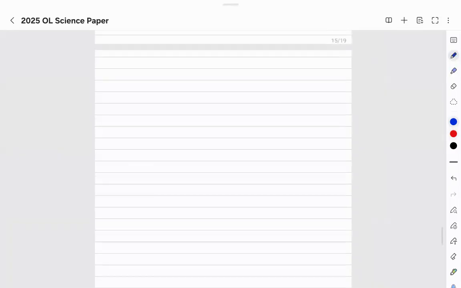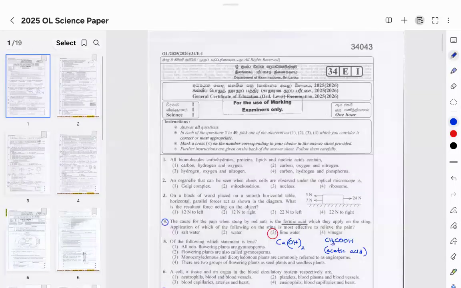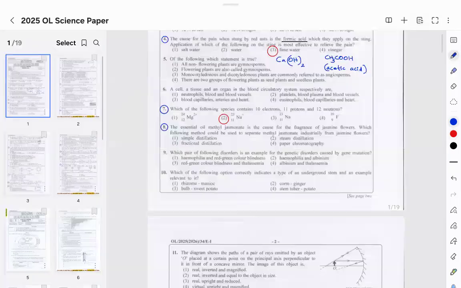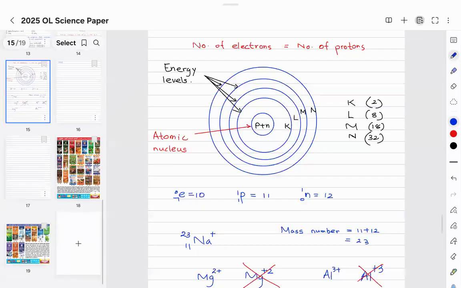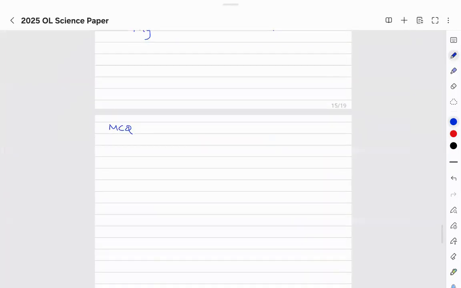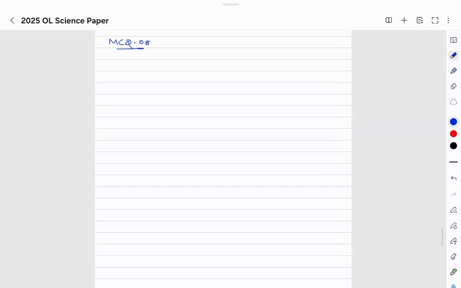Let me write down here. Now, this is MCQ number 8. Essential oils.